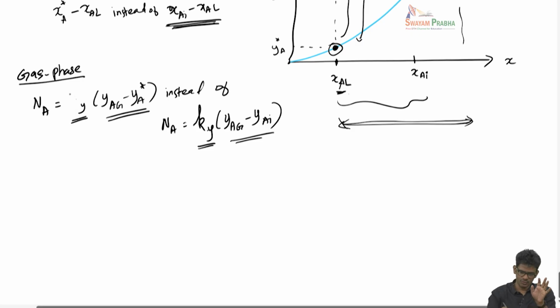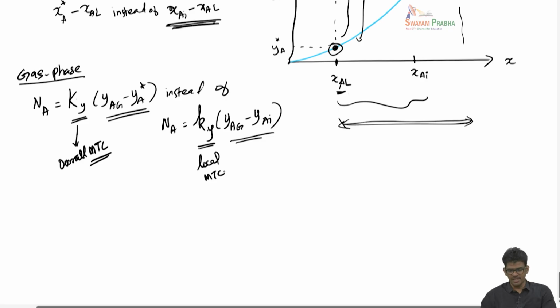Okay, so this is supposed to be capital Ky. So this I call the overall mass transfer coefficient, MTC, and this is a local MTC, mass transfer coefficient. They both have the same units, but the driving forces are different in the two cases, so that NA will be the same either way.